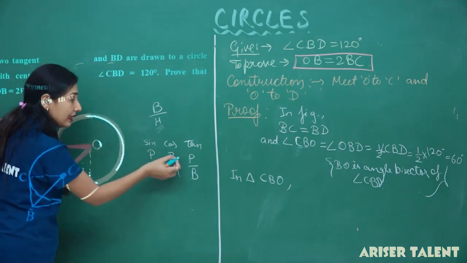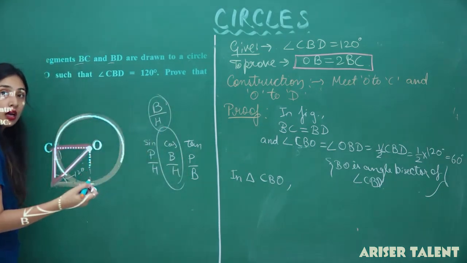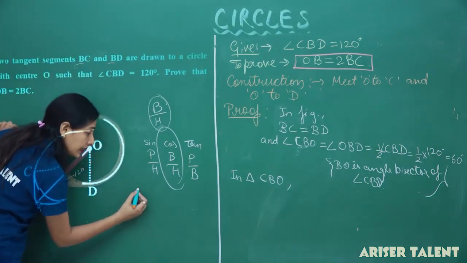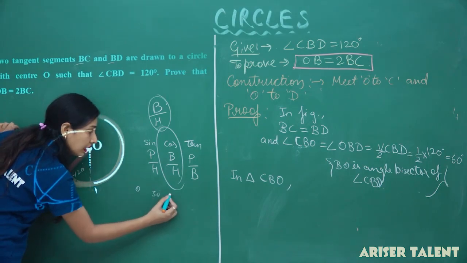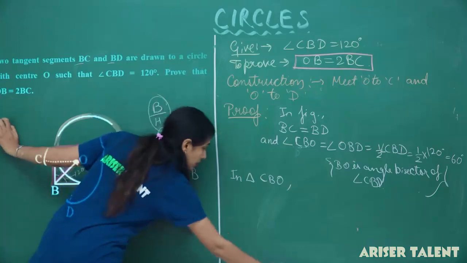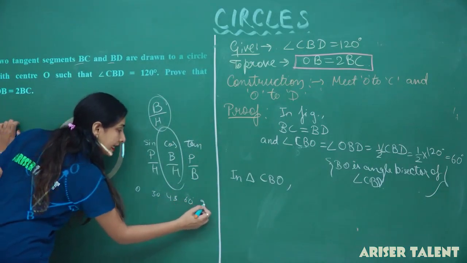So, you have known that if you are having B by H, then you will go for cos theta. Again, I was having a table for you, with 0, 30, 45, 60 and 90 degrees.